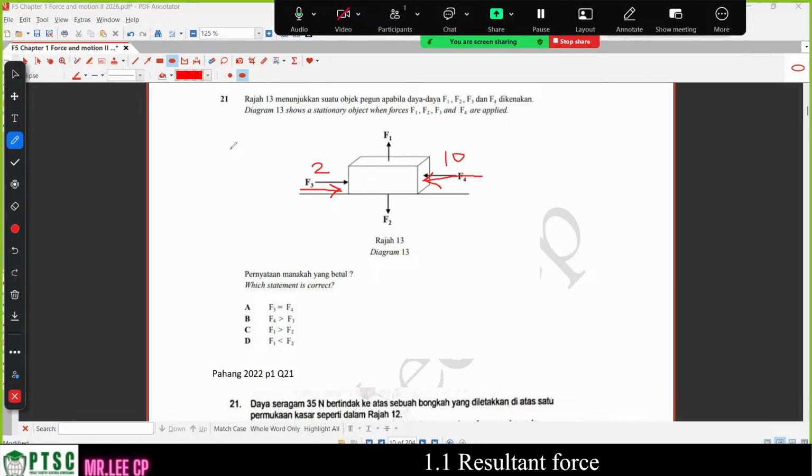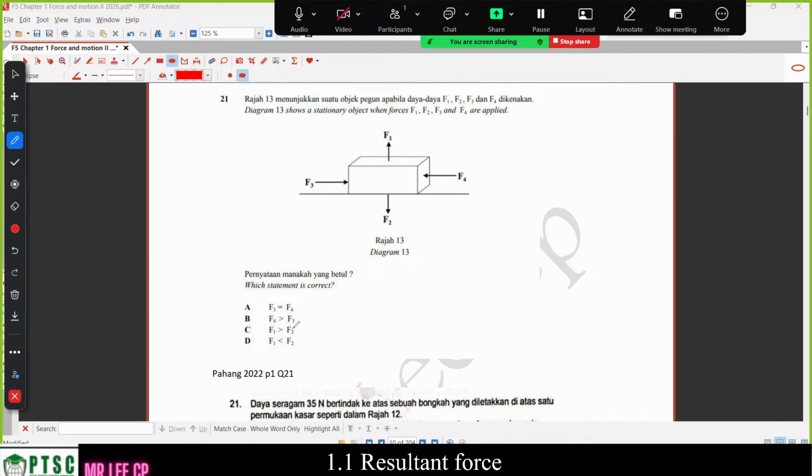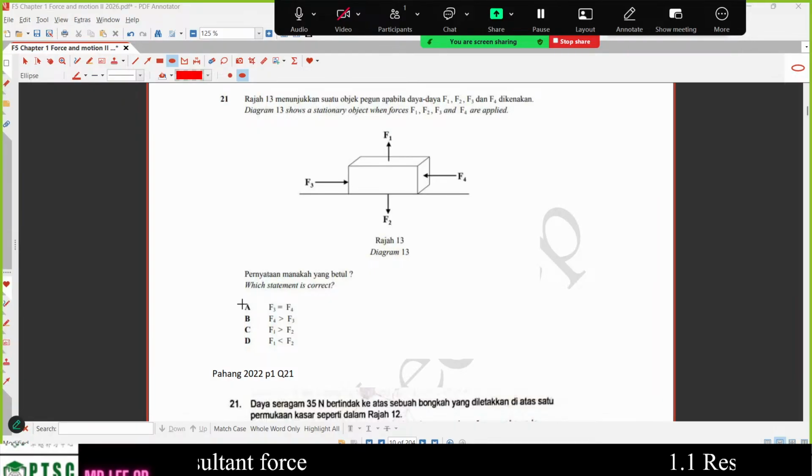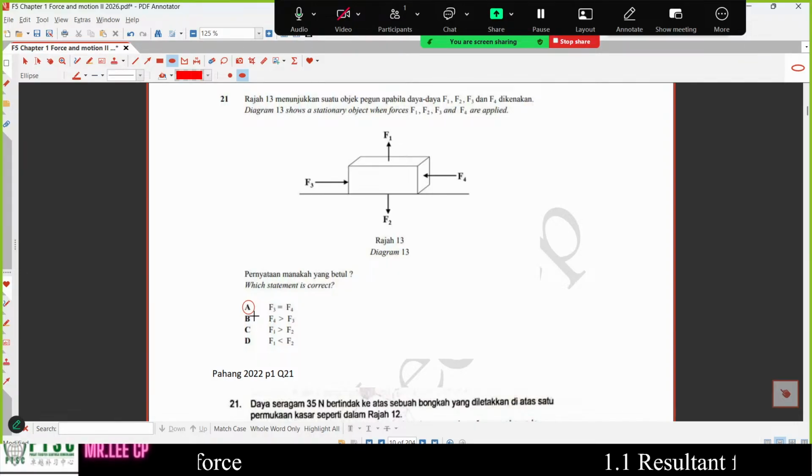So it is going to go to the left. So it is not stationary already. When F1 is more than F2, then it will go up. F2 less than F1, then it will go down. So answer will be A, equilibrium. Stationary or uniform velocity. Be careful.